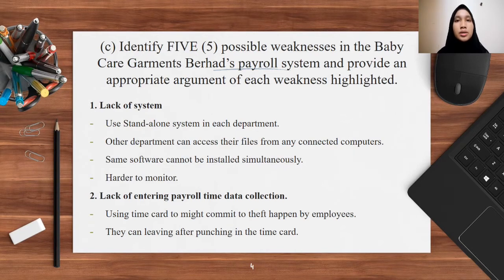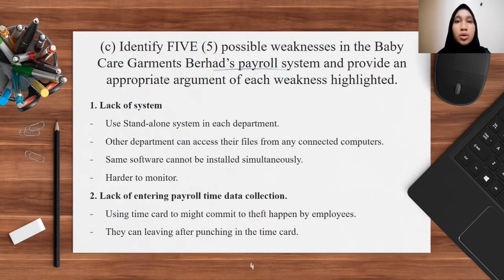Sometimes when the company uses time card attendance, the data might be inaccurate because the employee might forget to punch in or punch out their working hours before and after, and the problem might occur at the end of the month. Other than that, they can leave or skip a working day after punching in their time card.